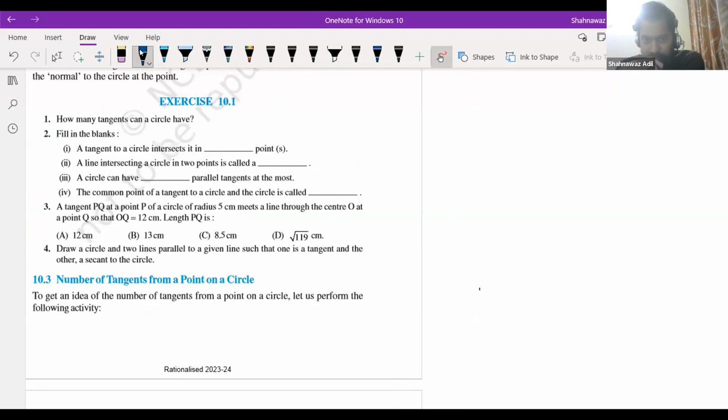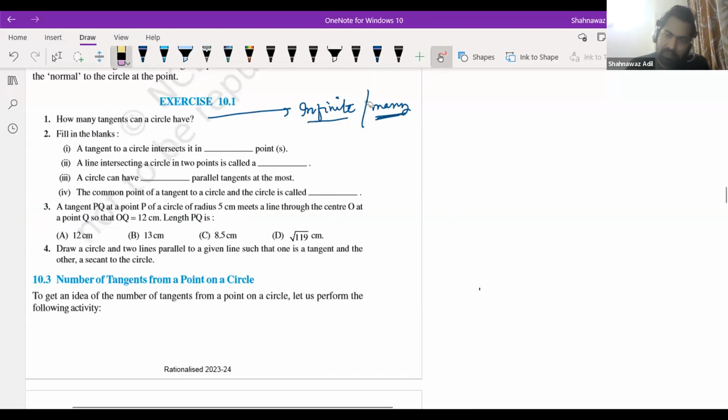We can draw many. So the answer is infinite. We can write many, or infinitely many. Many means that we can count, but we cannot count, so that is infinite.